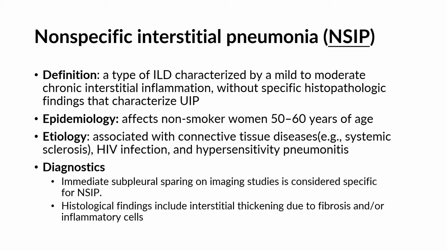How can we diagnose this disease? Subpleural sparing on imaging studies is considered specific for NSIP. And histological findings include interstitial thickening due to fibrosis and or inflammatory cells.